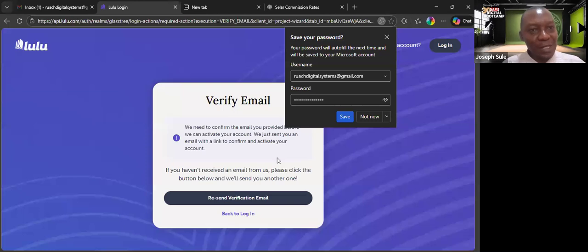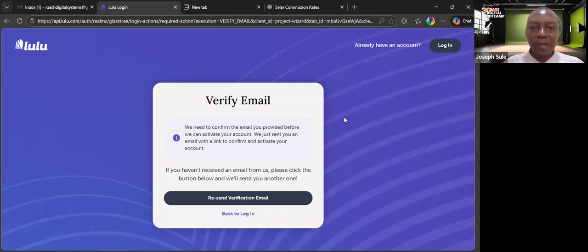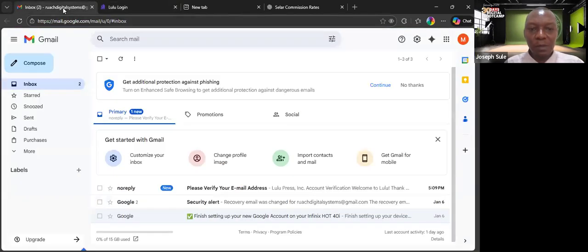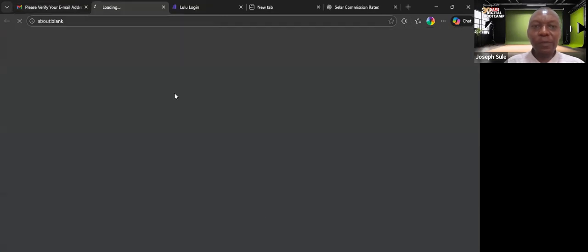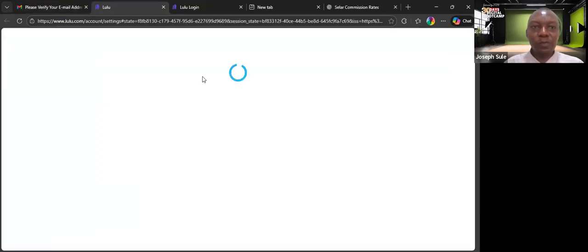Just like Seller, remember I said the principles are basically the same, even though the processes differ. Just like Seller, it will ask me to go verify the email I entered to create this account. So I will go to my client's inbox because he has given me access to his inbox and just verify the link sent.